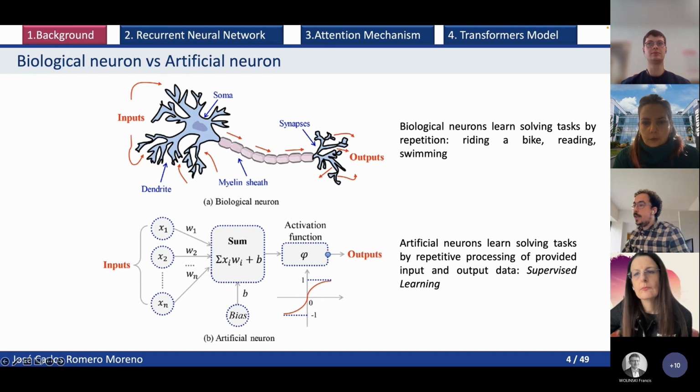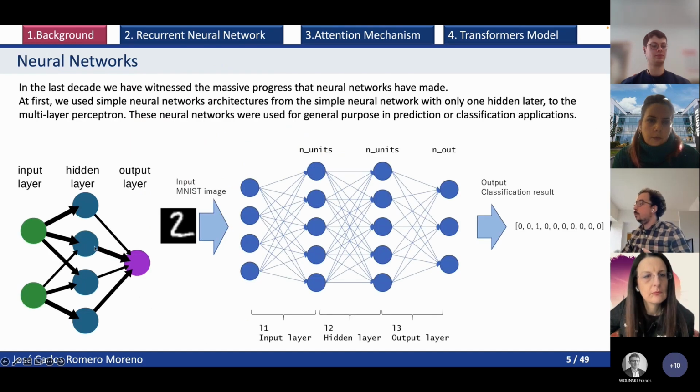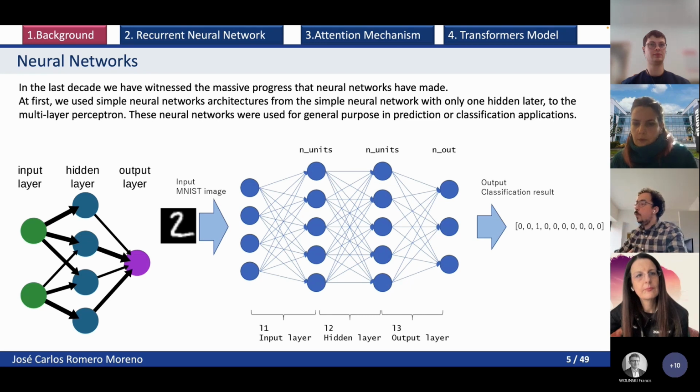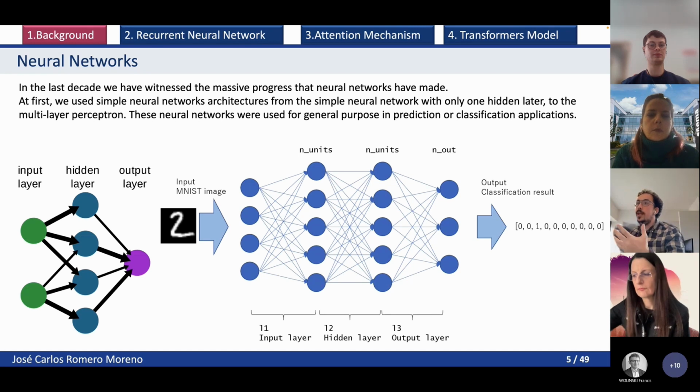So this is the schema of one basic neuron, but we have neural networks, which are combinations of different neurons that concatenate the output of one neuron with the input of the following one, so we can create bigger structures of equations and solve more complex tasks. In the last decade, we have had huge progress in neural network development.